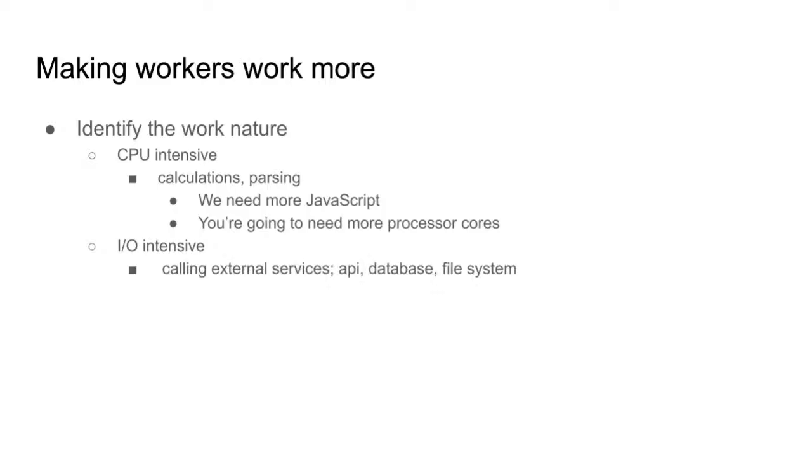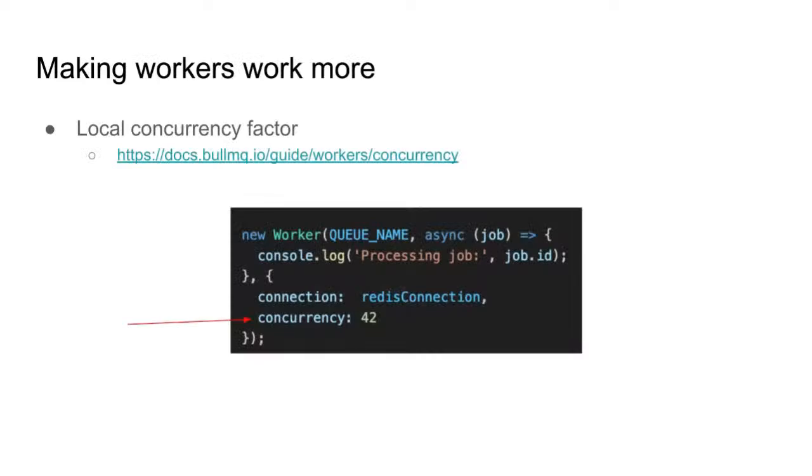Are we calling many external services, APIs, databases, or stuff like that? If so, Node already shines handling those with the event loop. So there's no need to have more cores. It's just a matter of concurrency that will solve our issue. So local concurrency is the first parameter that we can tweak in the BullMQ configuration to achieve more work in less time or in the same amount of time.